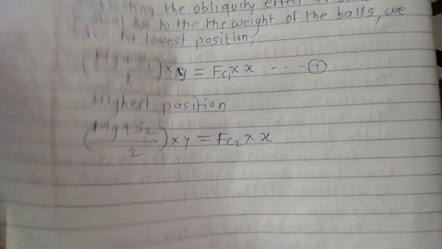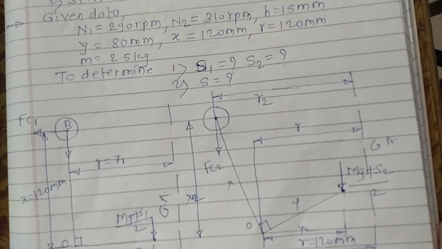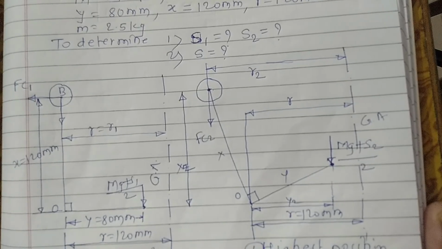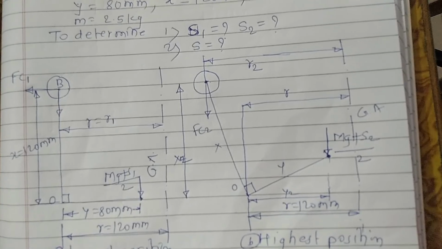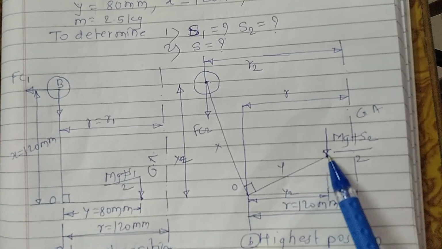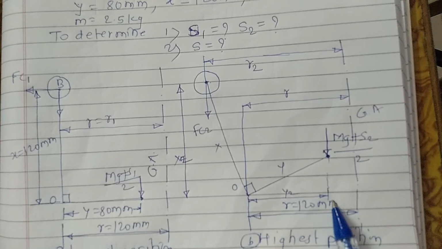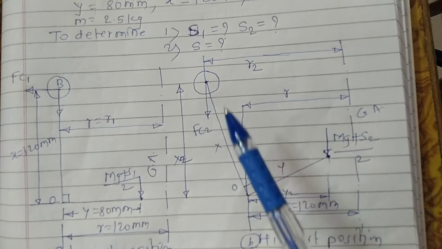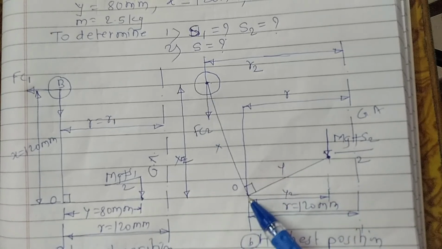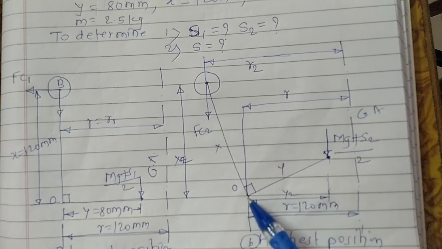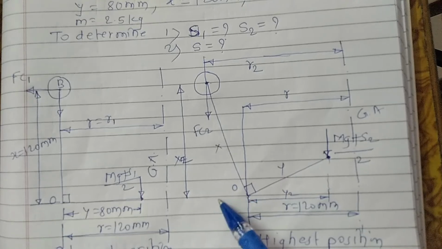Now with respect to the highest position, just consider here. You have to take the moment of this force about this point, with this horizontal distance, and the moment of this force about this point. While taking the moment of this Fc2 about this one, you need to consider this distance.